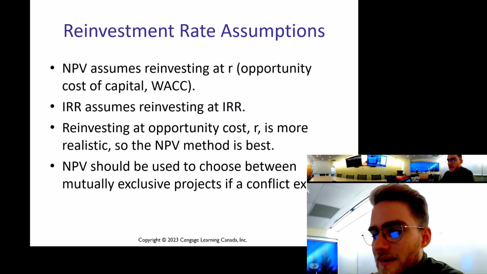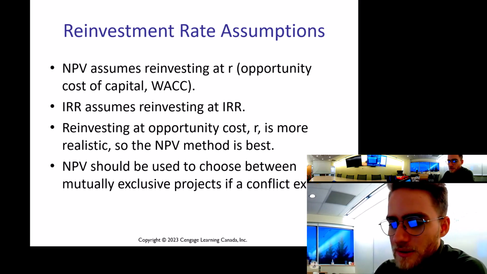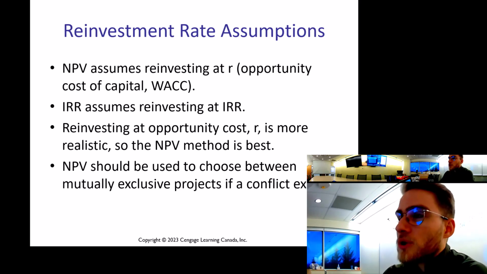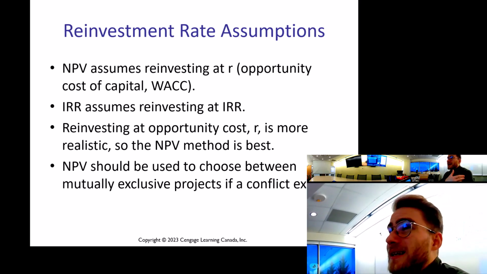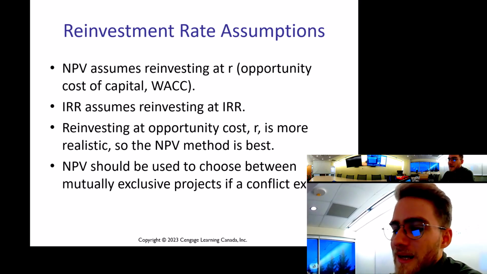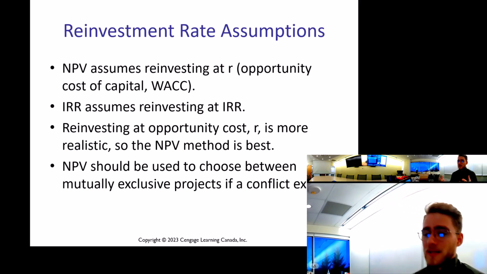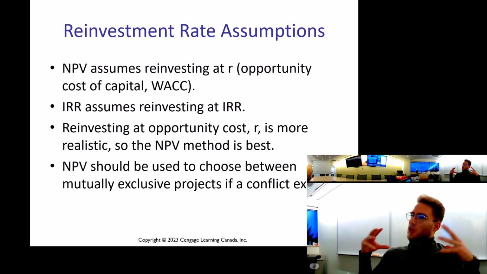Okay. Now, we're going to talk a little bit about reinvestment rate assumptions. So the NPV assumes reinvesting at R, which is the opportunity cost, aka your weighted average cost of capital, aka your cost to finance the project. Here's the key difference. Internal rate of return, we call it internal because it doesn't factor in any external rates. It's only within the firm.